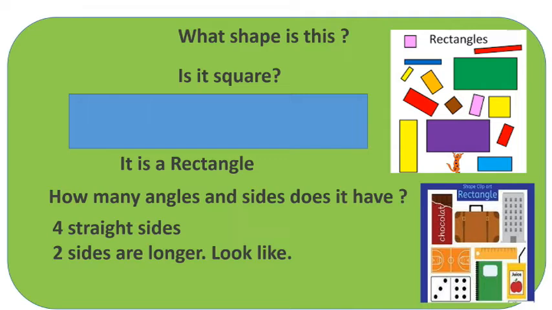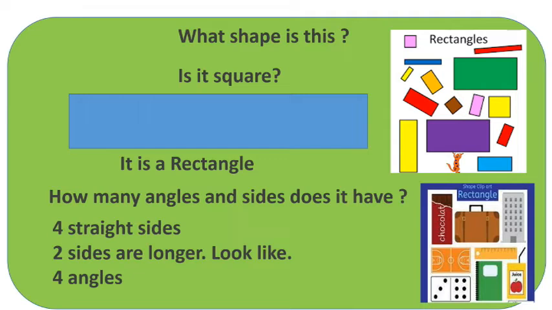A rectangle has four sides. Two sides are longer and two sides are short. It has how many angles? A rectangle has four angles. How many angles?